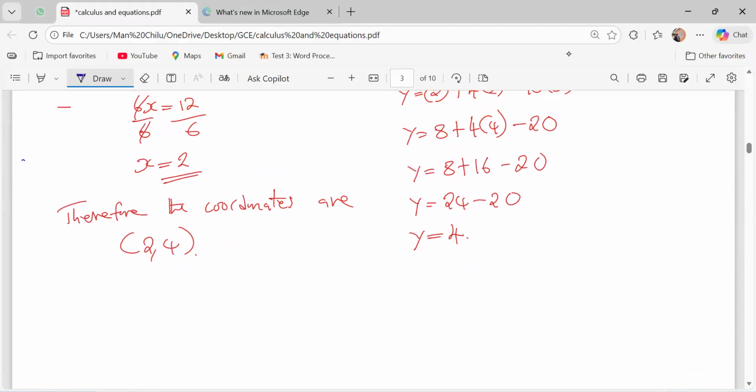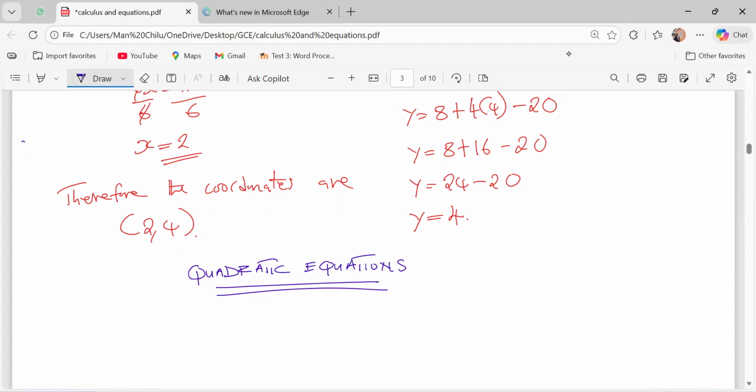So I want us to look at quadratic equations. We are going to solve using the quadratic formula.